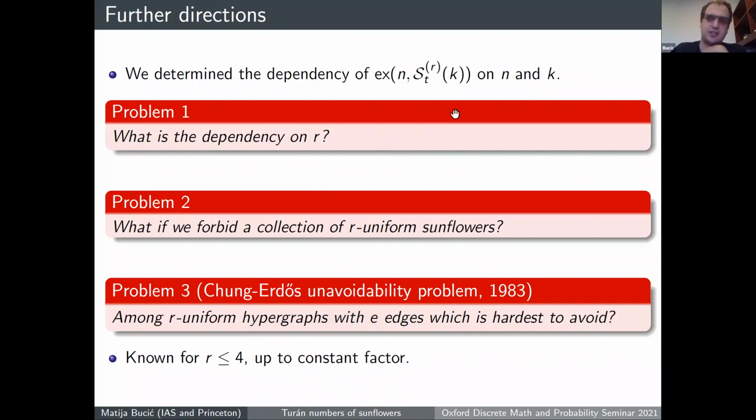We know that it's K to the R. And if you treat uniformity as constant, the Erdős-Rado sunflower problem is easy, at least if you care about N and K. So in some sense, they are different directions. Only if you try to merge the two directions do you get a different perspective on the two problems. And this would be very interesting, I think, specifically because it goes towards the sunflower conjecture.